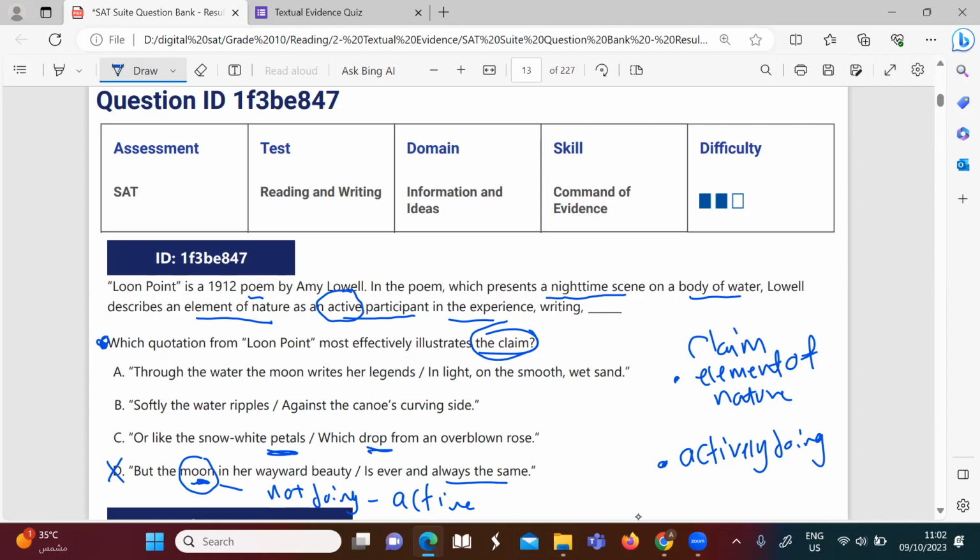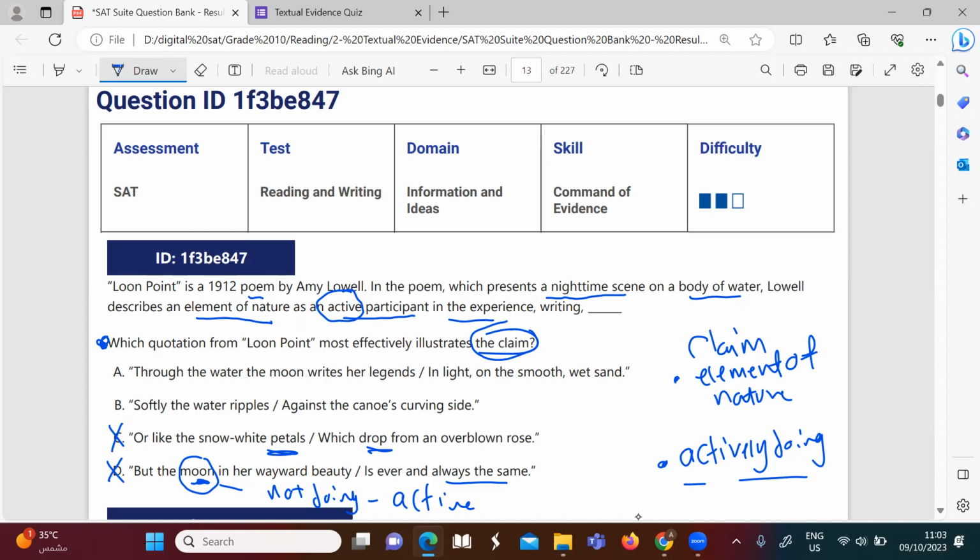Maybe the rose is an element of nature, but is that rose or the petals doing something? I don't believe so. They are not actively doing something. Remember the claim. While matching, you need to keep matching each choice to the claim.